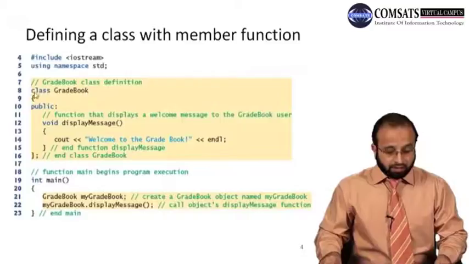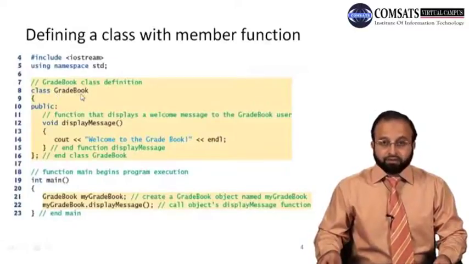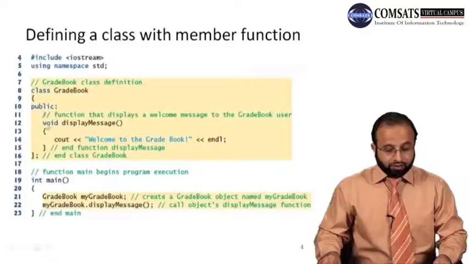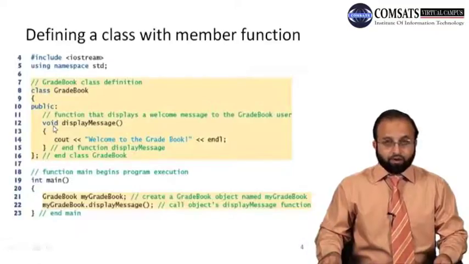Class is the keyword in line number 8. The name of this user defined class is GradeBook, and there is one public function inside the definition of that class. Display message is the name of the function, and the return type of this function is void.